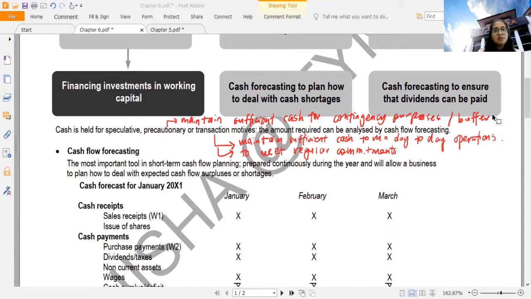Because some companies, when they have surplus cash, invest this cash as a speculative asset with the hopes that the interest rate will increase and they will make a higher amount of gain. So here, speculative purposes means for investment purpose.